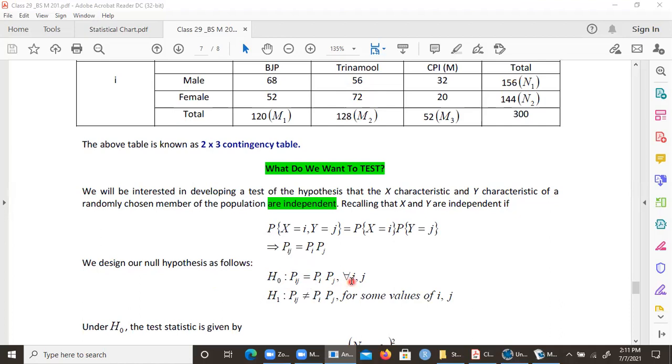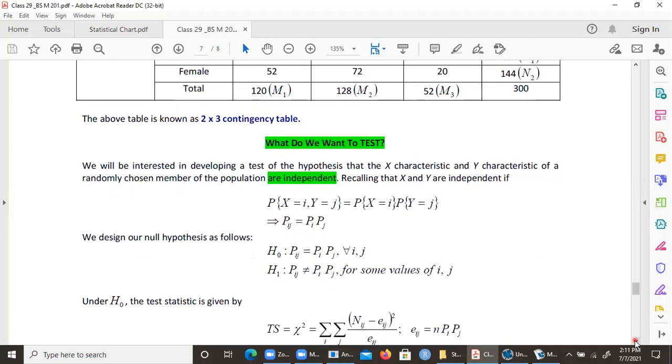In our alternative hypothesis, Pij is not equal to Pi times Pj, so the observations are not independent.